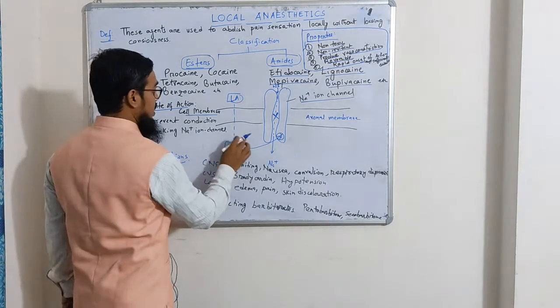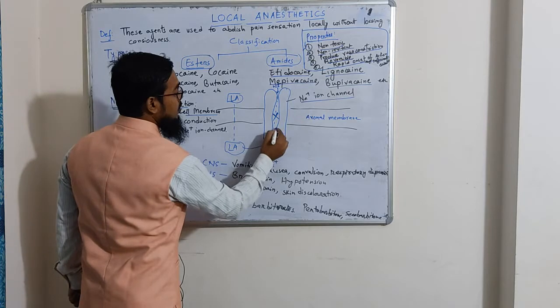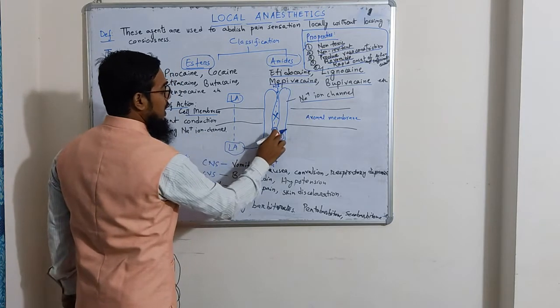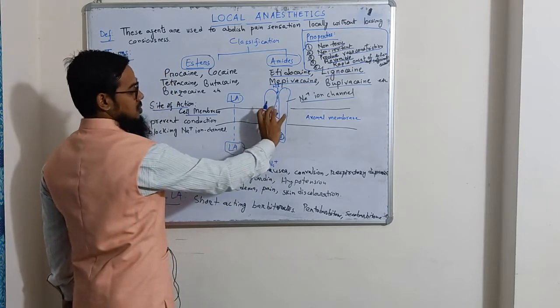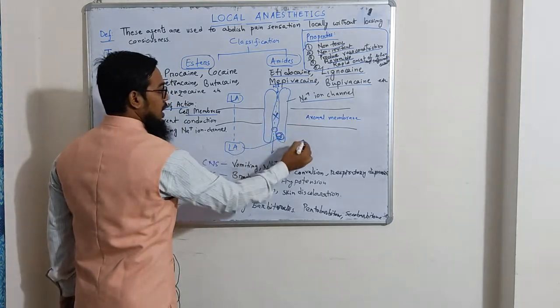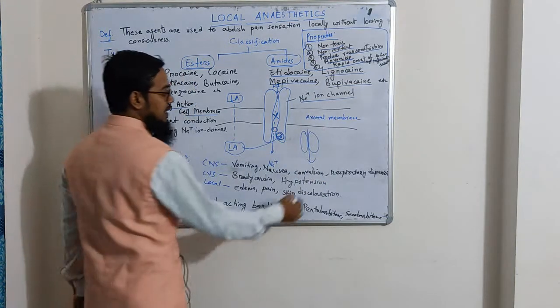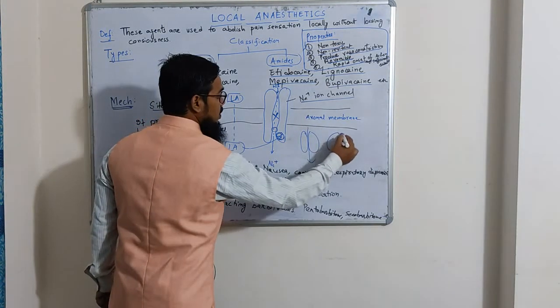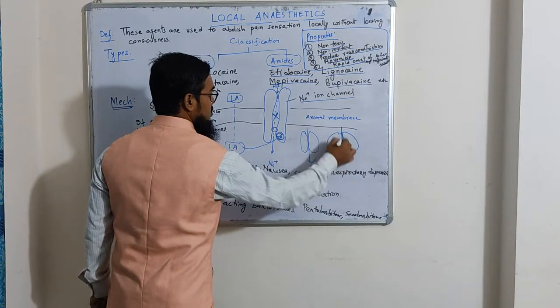They will either directly block the channel, or they will bind to a particular region in the channel and change its configuration. This is the sodium ion channel. For example, sodium ions will enter like this, but they will change the configuration like this. If the configuration changes, sodium cannot enter.